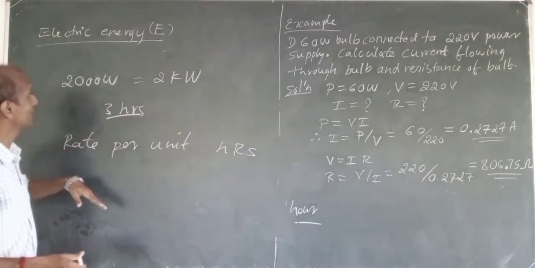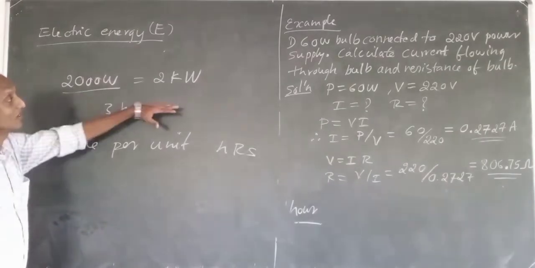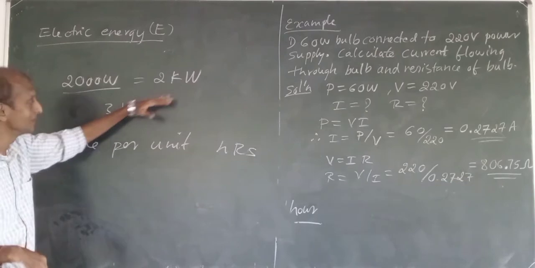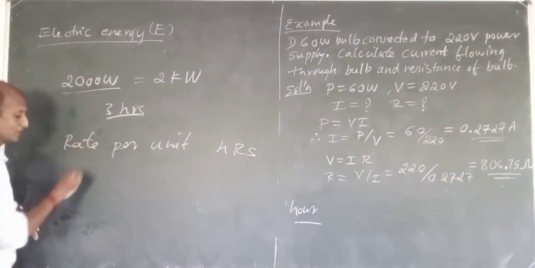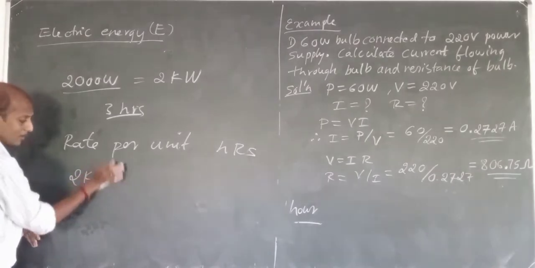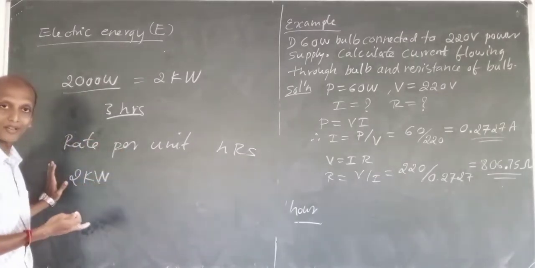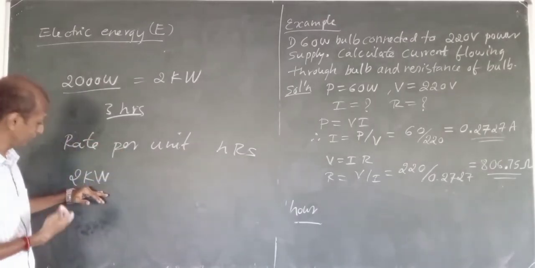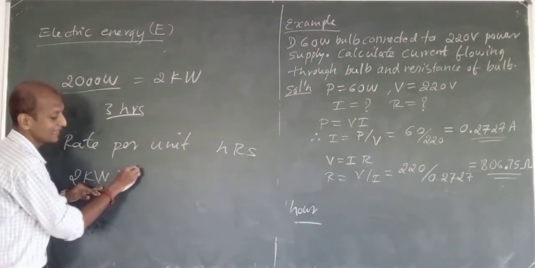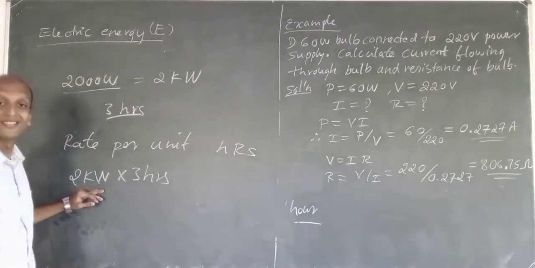Now, it is an appliance of 2000 watts, or 2 kilowatts, of power rating, and it is operated for 3 hours.